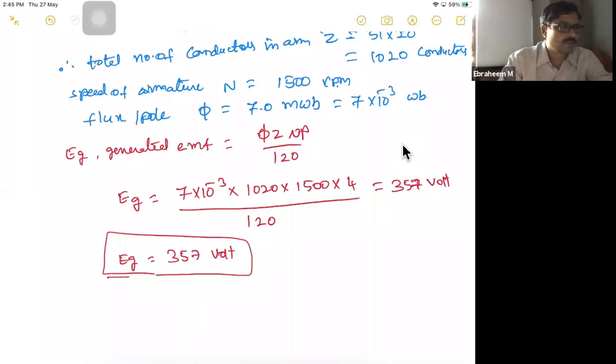We will solve a few more problems on this EMF equation in the coming class. Because it is already 2:45, now it's time for you to ask if you have any doubts.